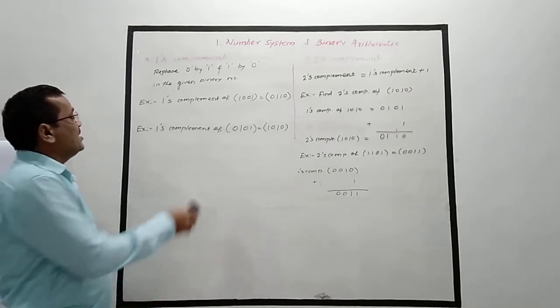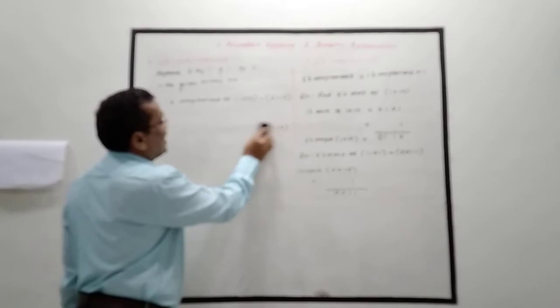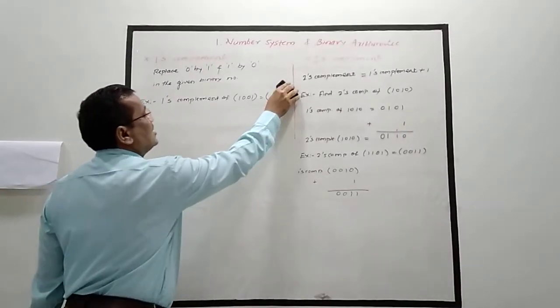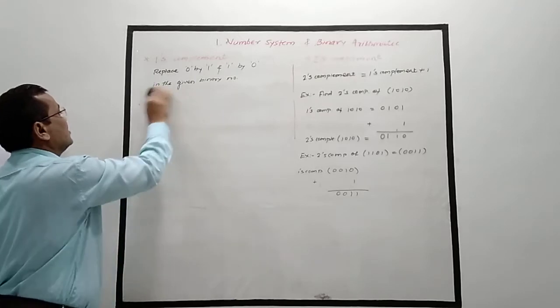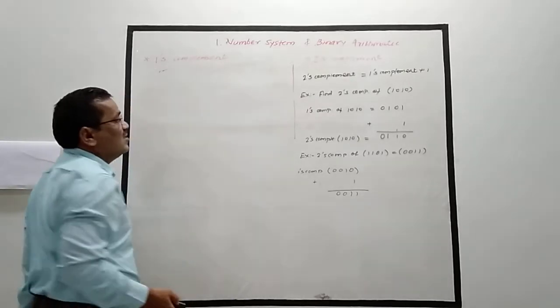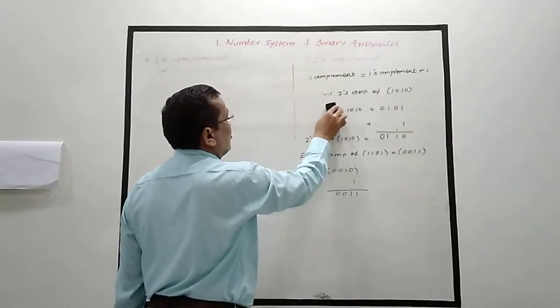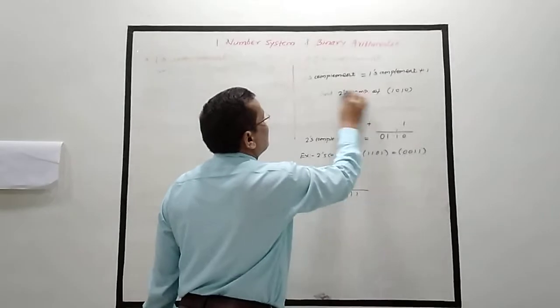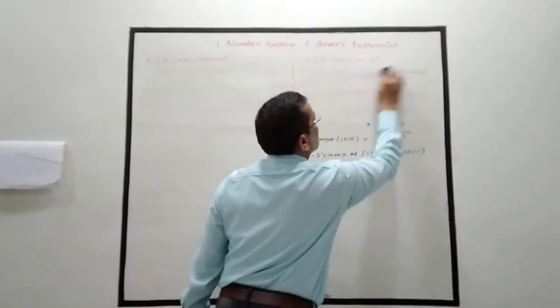Now this concept is used in the subtraction of binary numbers. The subtraction can be done by using the 1's complement method and the 2's complement method.